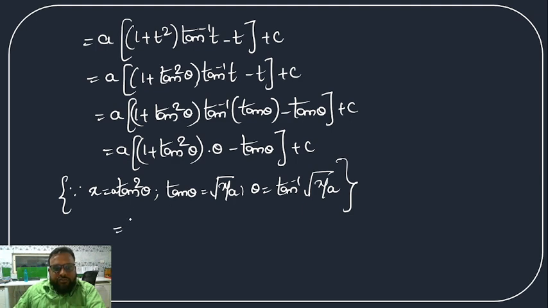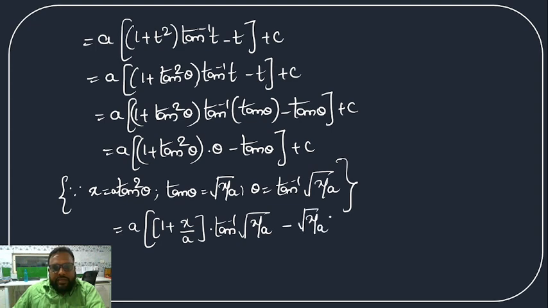So finally, when I substitute all the conditions here, what will I get? a into, in the place of tan square theta, I can write x by a, and in the place of theta, I can write tan inverse under root of x by a, minus root of x by a plus c.